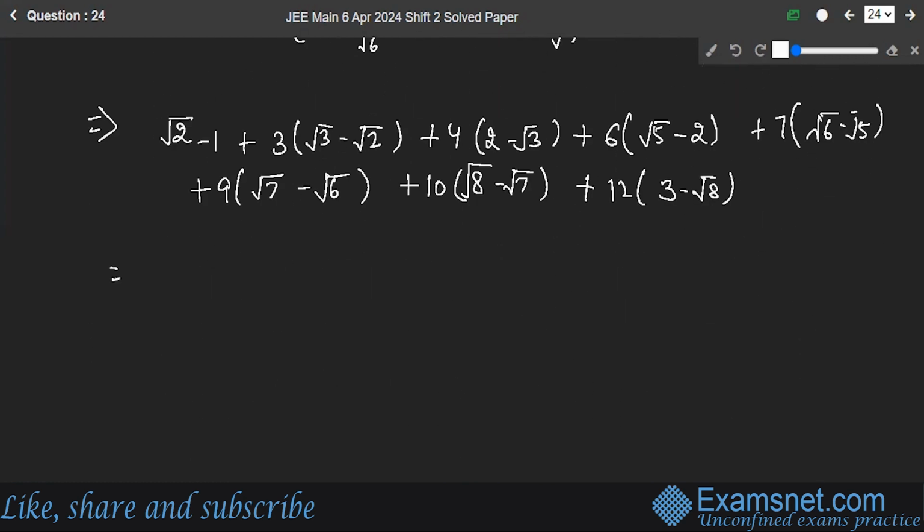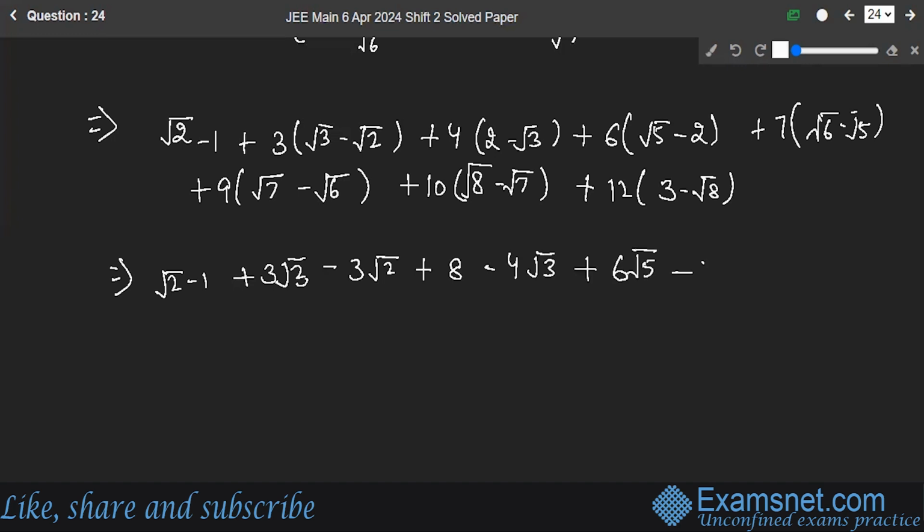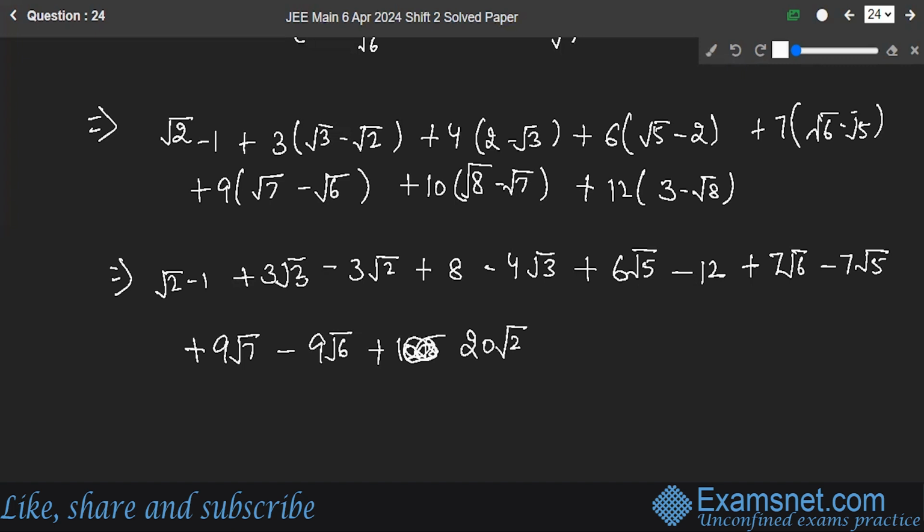Okay, let's open it up. Let's separate the terms. You will have root 2 minus 1, 3 root 3 minus 3 root 2 plus 8, 4 root 3, 6 root 5, and 12 and 7 root 6 minus 7 root 5 plus 9 root 7 minus 9 root 6, 10 root 8, or better to write it as 20 root 2, correct?